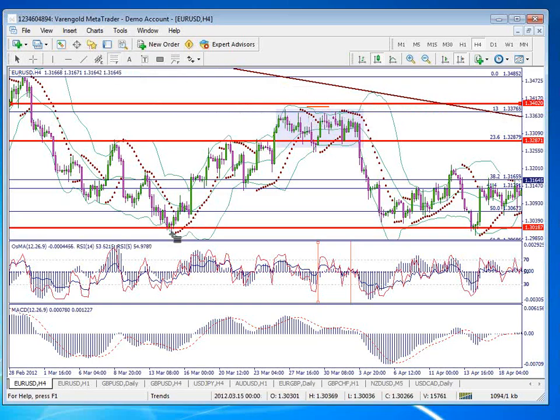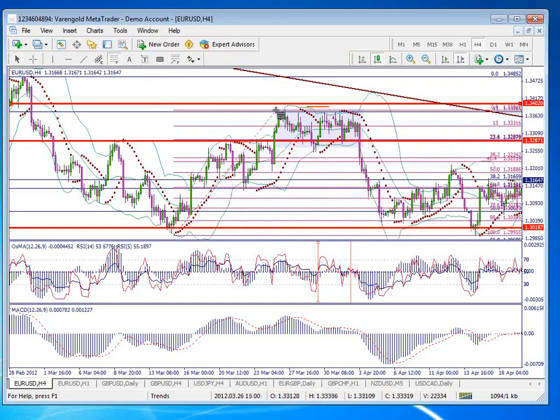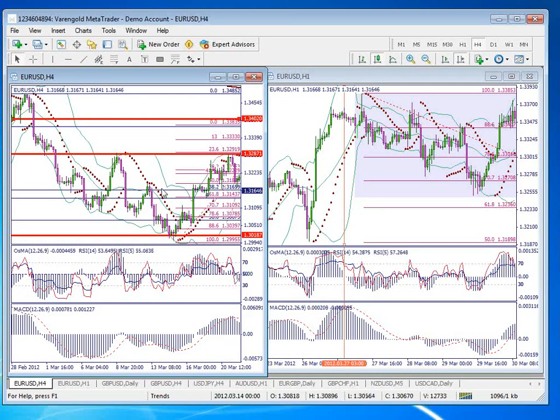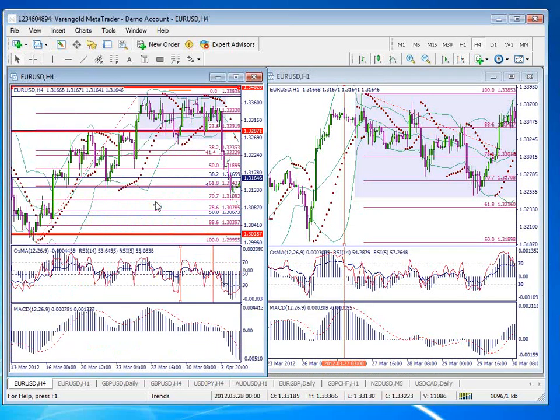I will put again the Fibonacci on the last wave, and we will go to see what is the problem in this area.